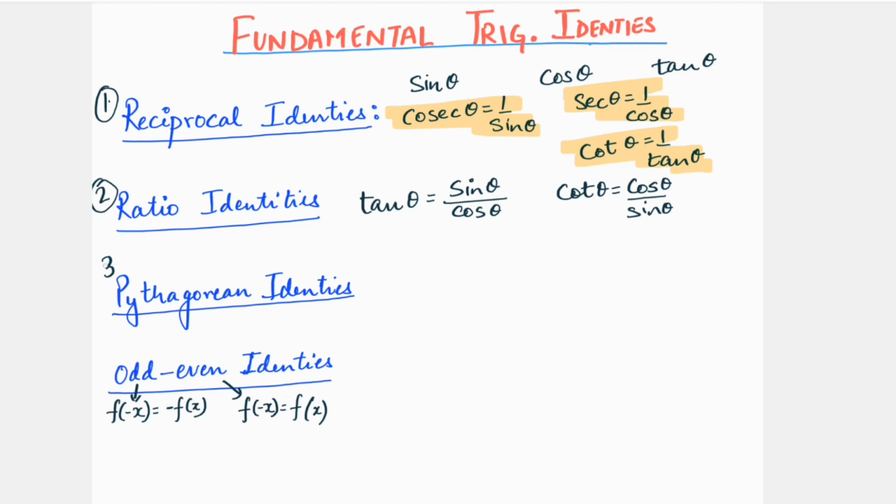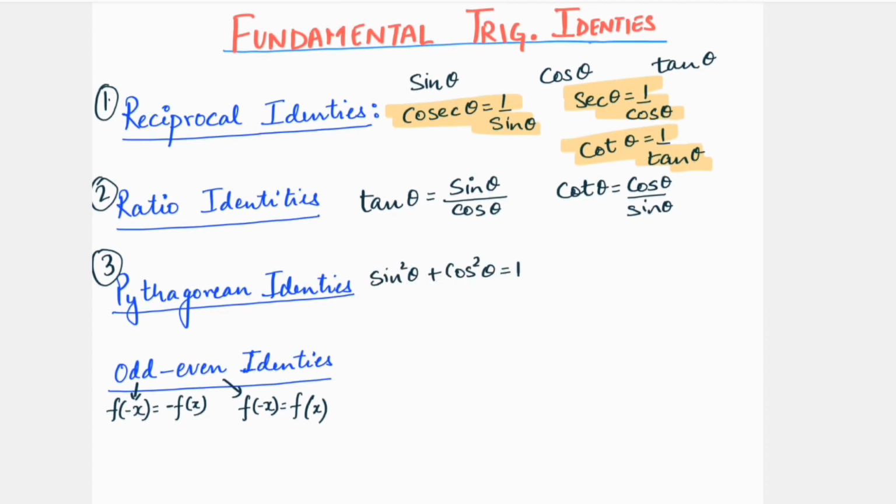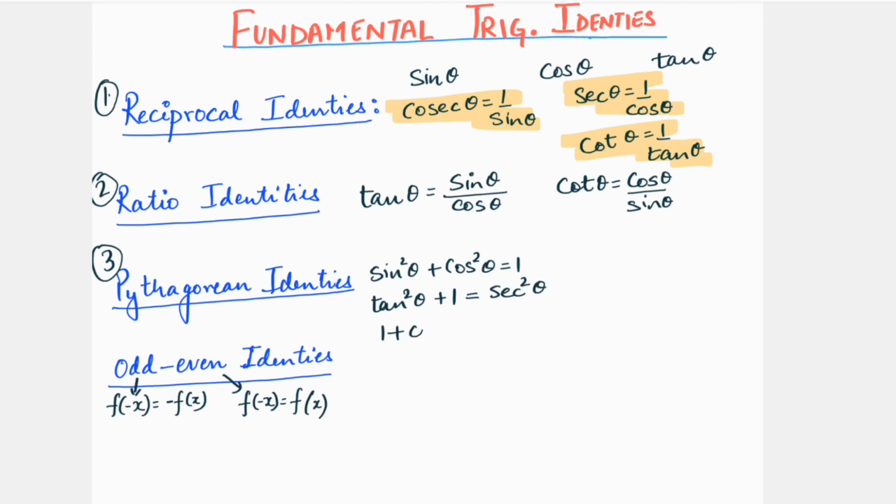Now the third one is the Pythagorean identity, and that is sine square theta plus cos square theta equals 1. The next one is tan square theta plus 1 equals sec square theta. And the third one is 1 plus cot square theta equals cosec square theta.